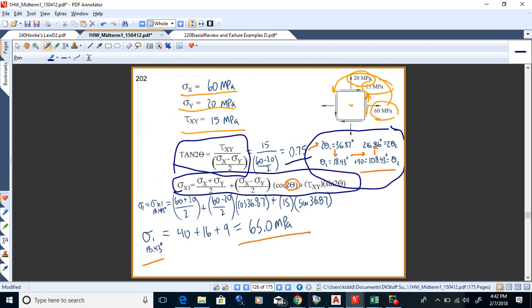The problem with the radical formula is it doesn't give the angle. It doesn't tell you which stress acts at which angle. So I don't use formulas 28 and 29, generally speaking. I know what the stresses are, but I'm not sure which direction they act. Okay.